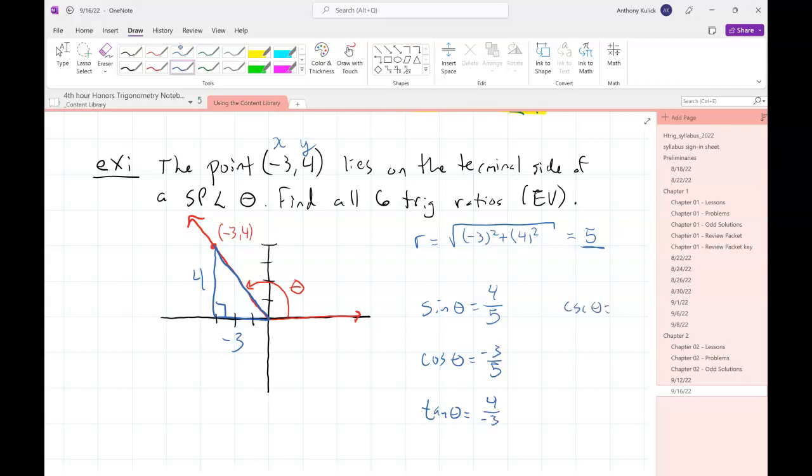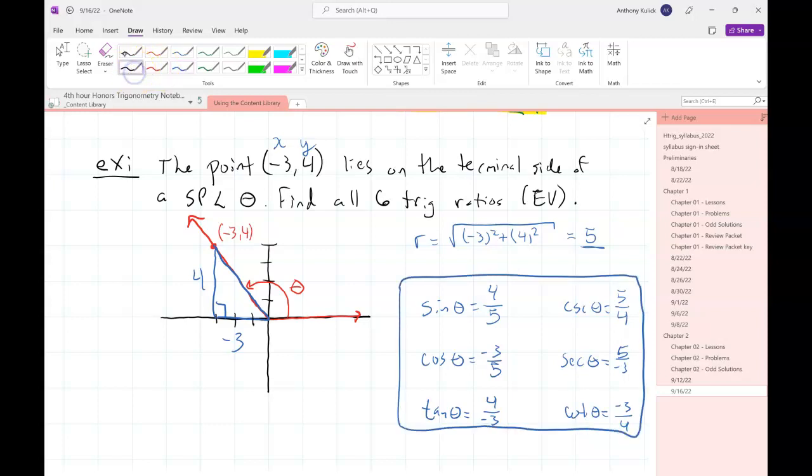Cosecant is r over y. Done. Secant is r over x. Done. Cotangent is x over y. Done. Whoa, Mr. Kulik. That is A-okay, pretty darn okay with me. Right? No big deal?